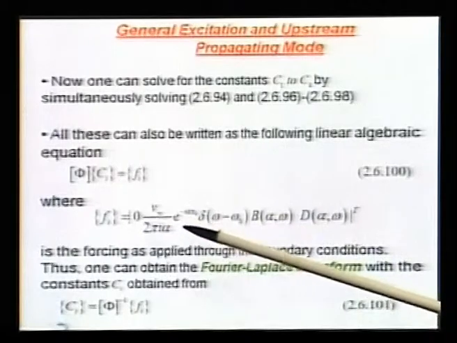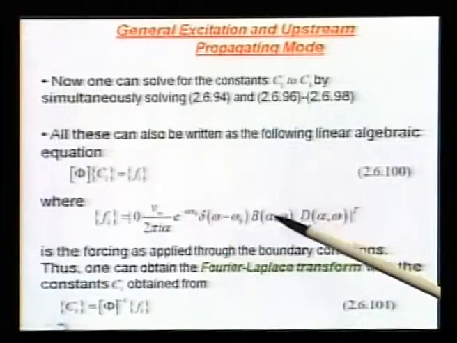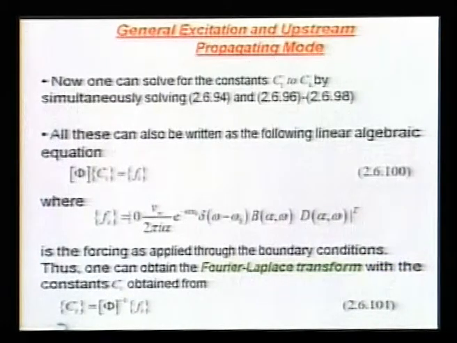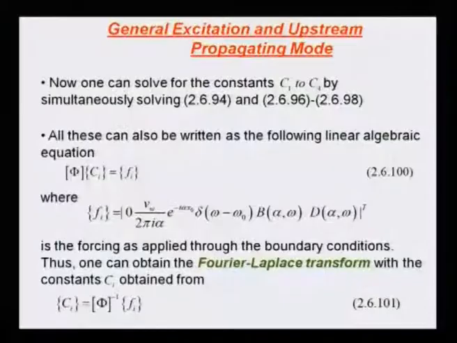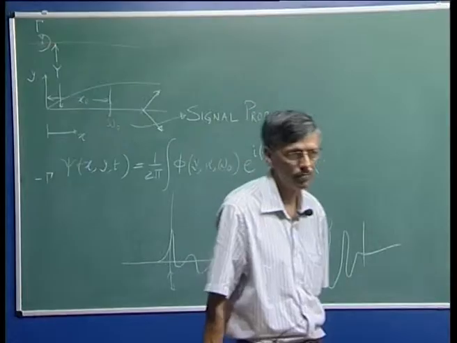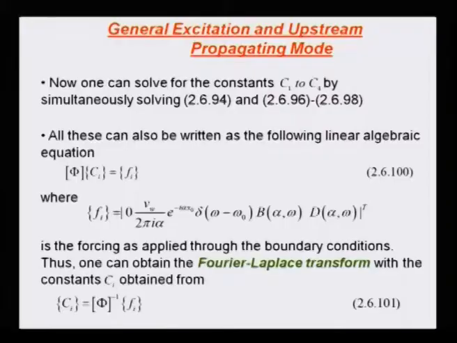The first two comes from the wall condition, the last two comes from the free stream condition. What happens? Well, I can immediately obtain C1 to C4 as phi inverse times the excitation in the spectral plane.